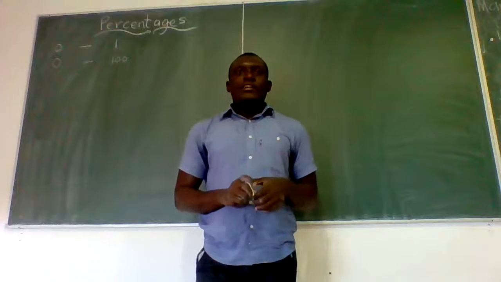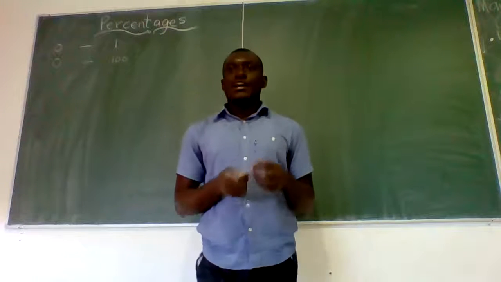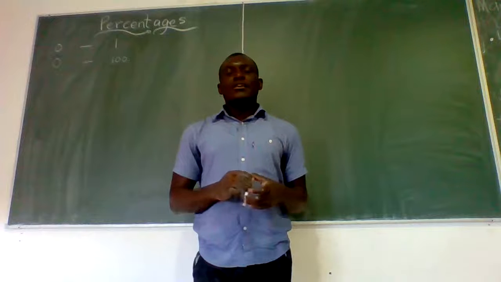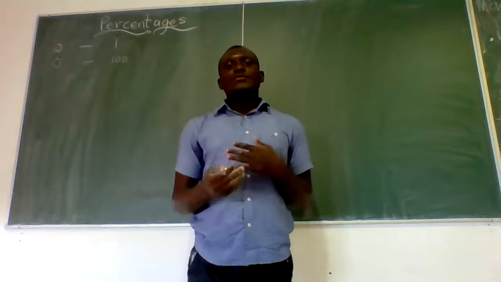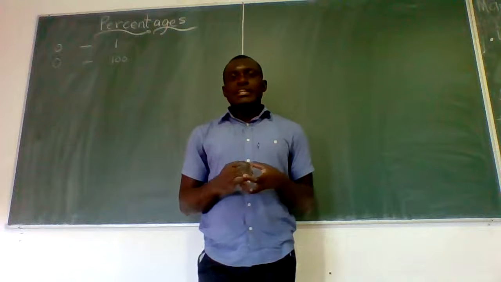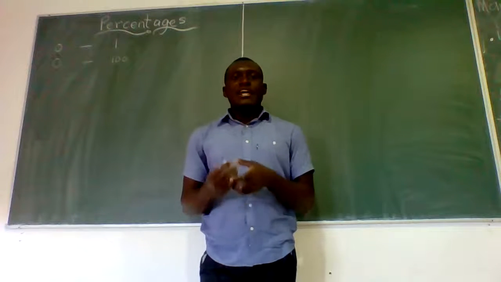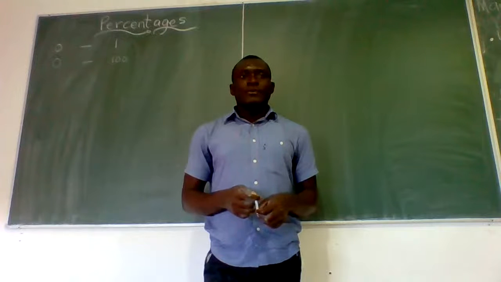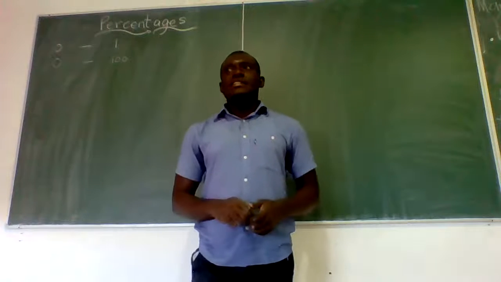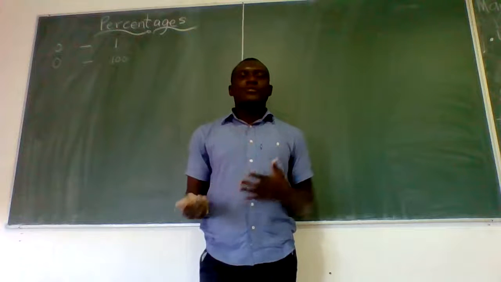So you have 130 marks, but your grading system doesn't go beyond 100. So everything out of 130 needs to be brought down to the scale of 100. In doing that is what we call the percentage. So when we talk about percentages, it's basically having a weight which is out of 100.